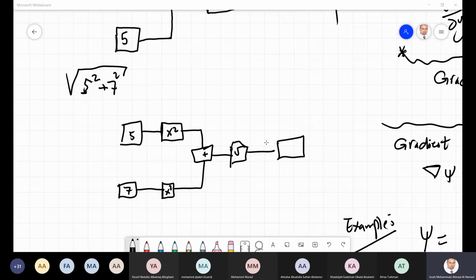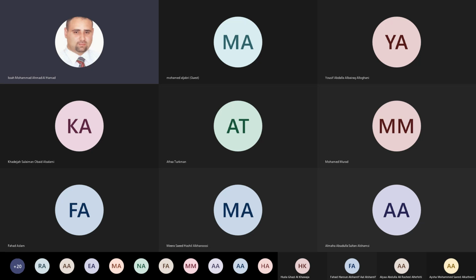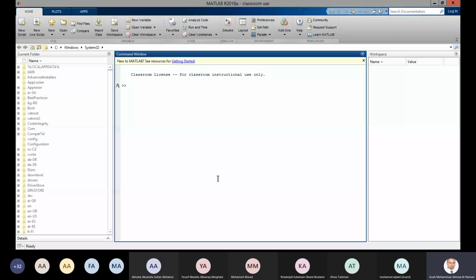Okay, so let's try this in Simulink. I'll start sharing from Matlab now. So this is the Matlab. Simulink is a toolbox in Matlab. If you need to start this toolbox, you just type Simulink. One minute, please.